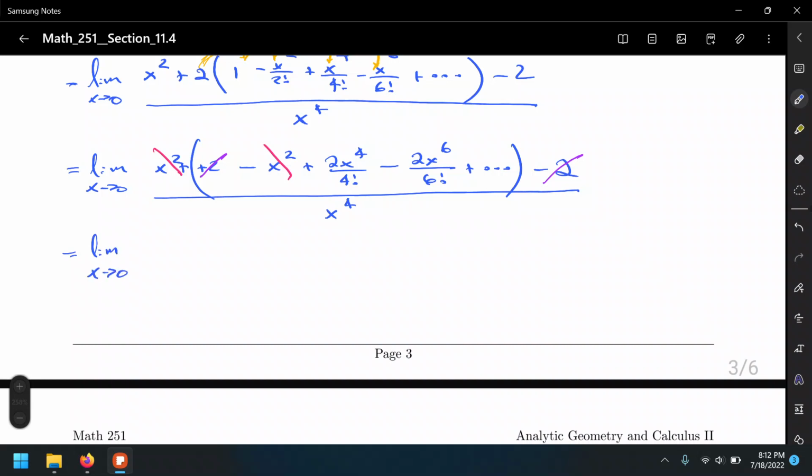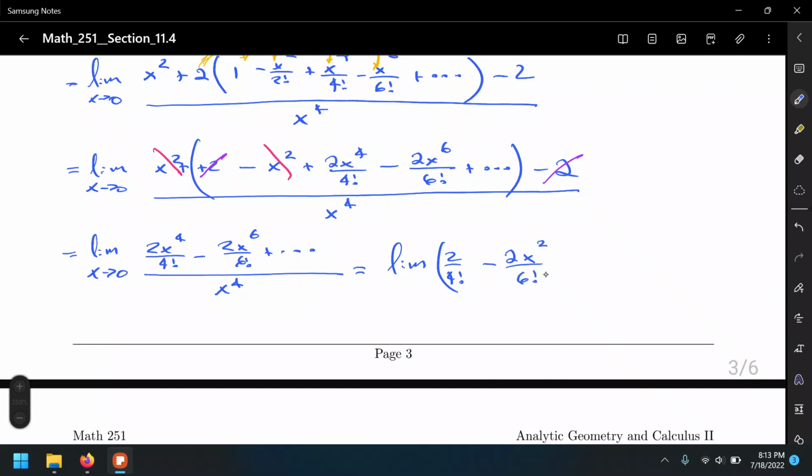And we're going to be left with the limit as x approaches 0 of 2x to the 4th over 4 factorial minus 2x to the 6th over 6 factorial plus etc., over x to the 4th. See how the x to the 4th over x to the 4th cancel, so the limit is 2 over 4 factorial minus 2 x to the 6th divided by x to the 4th, that's x squared over 6 factorial, plus infinitely many terms involving x.